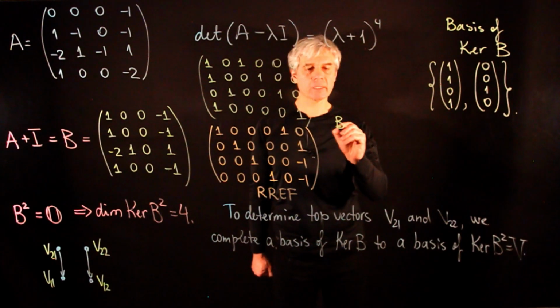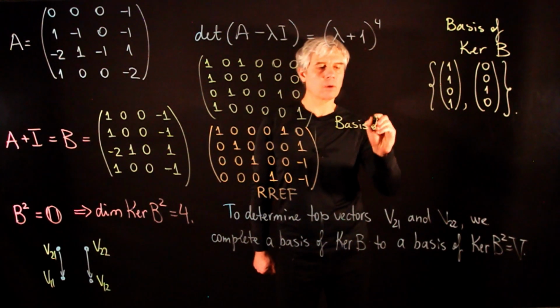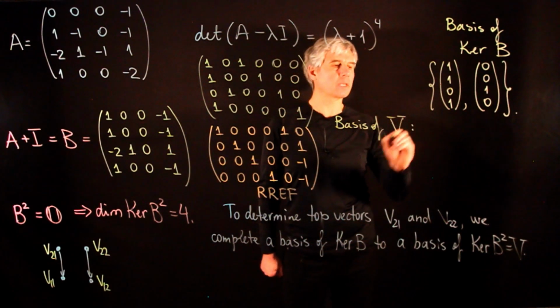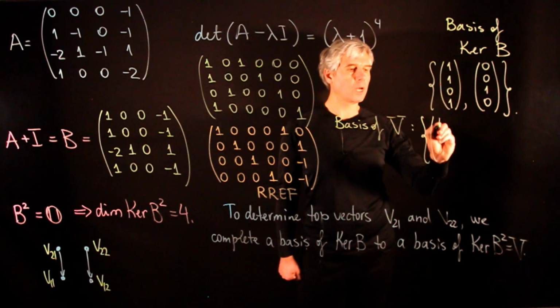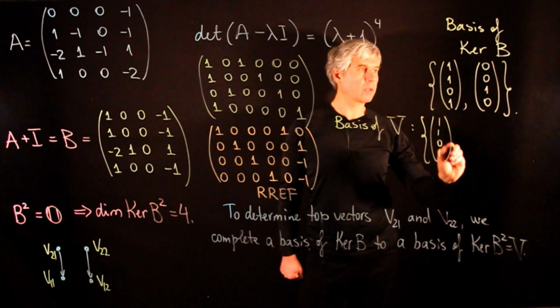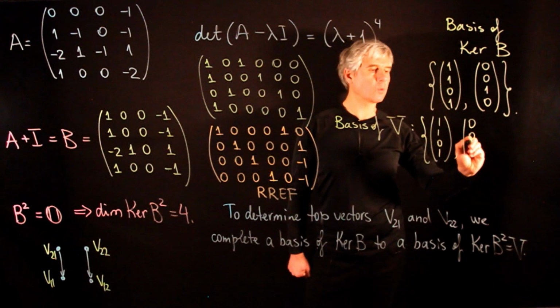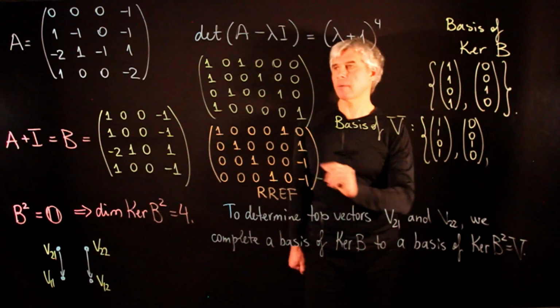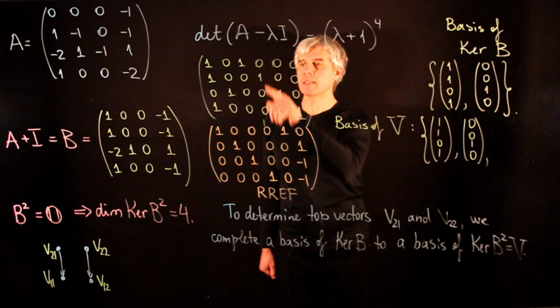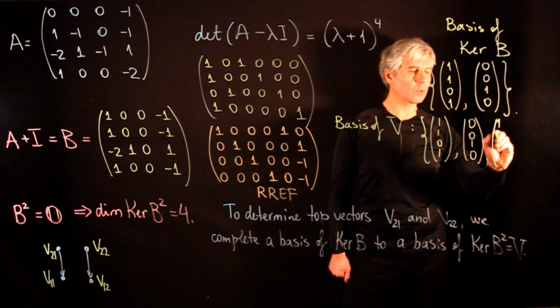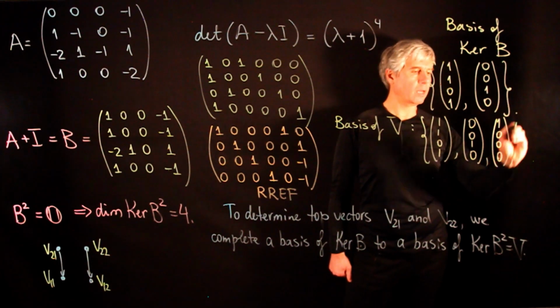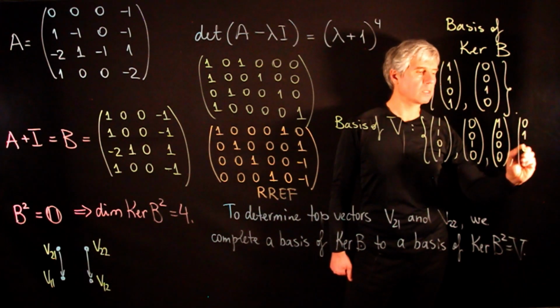So we have a basis of V that consists of these 2 vectors here, 1, 1, 0, 1, and 0, 0, 1, 0, and the first 2 standard basis vectors, E1 and E2. So 1, 0, 0, 0, and 0, 1, 0, 0.